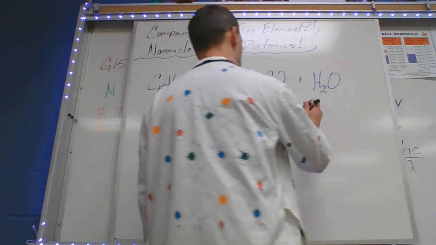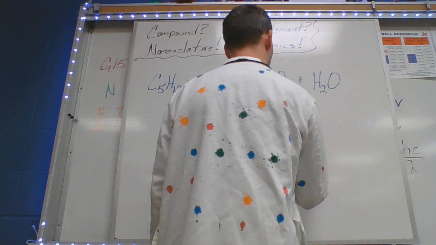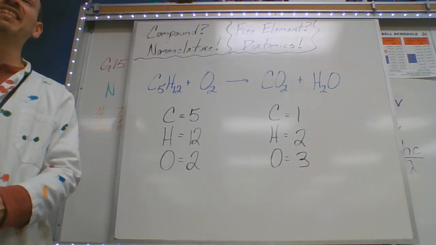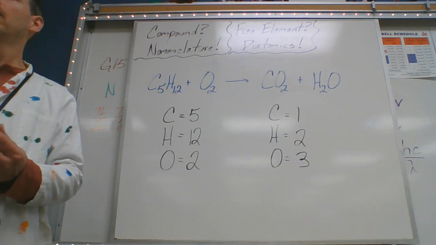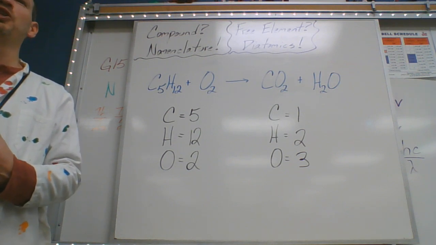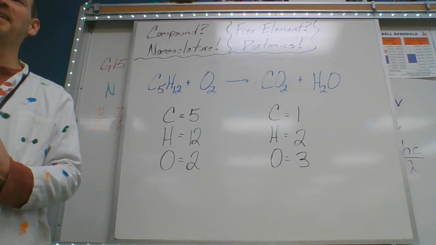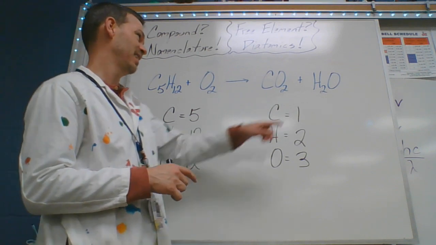Count again. 1, 2, 3. Careful with the oxygens over there. Do you see the split oxygens? You're not asking any questions. Are you sure you see the split oxygens? See how I'm getting 3? All right, it's a literal plus.